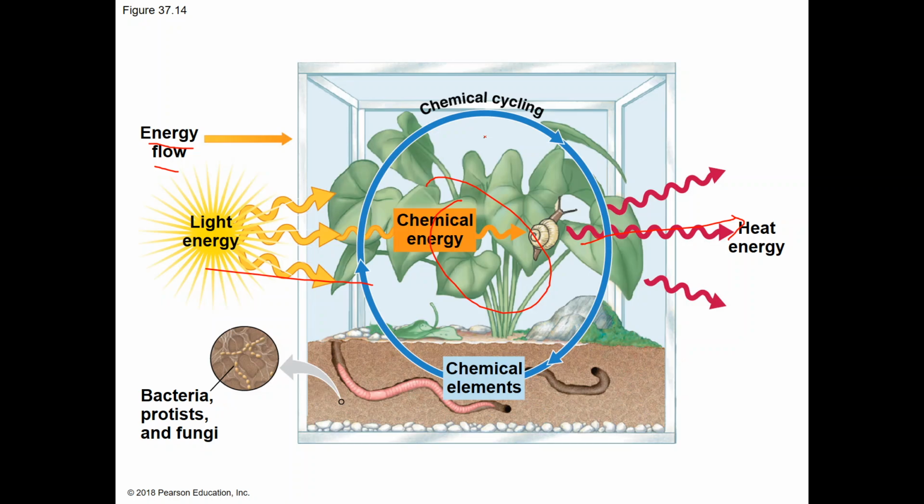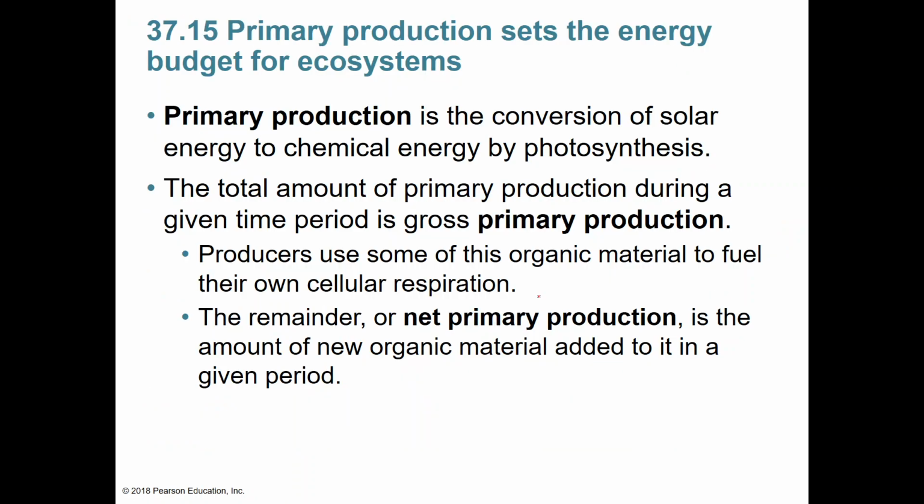Once the plants are able to use inorganic elements and incorporate them into organic molecules, those are then available to the animals, like the snail, that consume the plant and use those organic molecules. So this is the chemical cycling within an ecosystem.